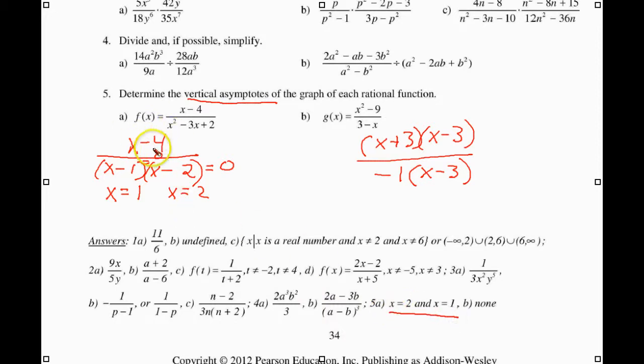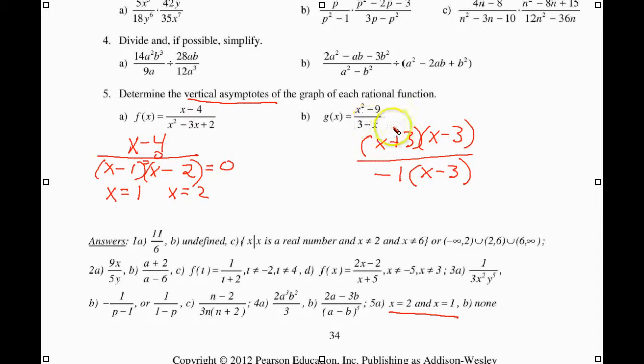And the method to get them is to factor your denominator and see what you have that would make our denominators a 0.